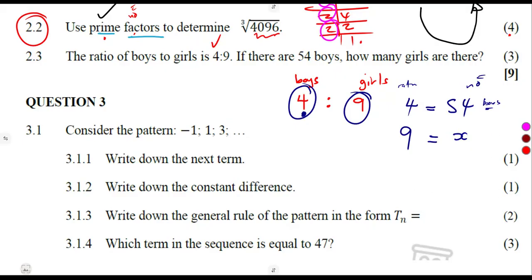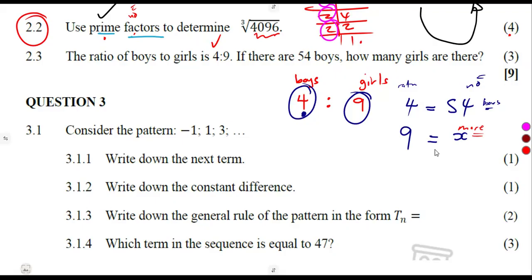Simply, there must be more. 4 is less, 9 is more, so we must have more girls on this side. What type of proportion is that? It's a direct proportion. A direct proportion is where it goes in the same manner: less corresponds to less, more corresponds to more.